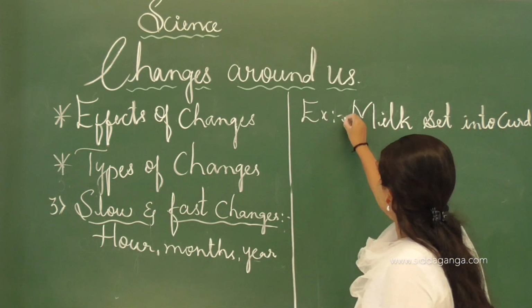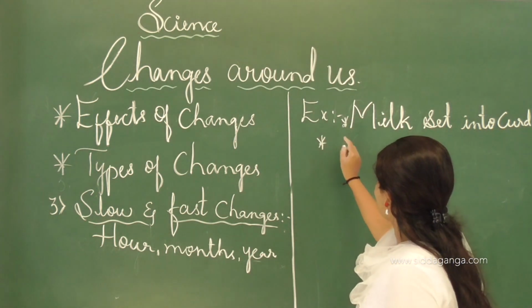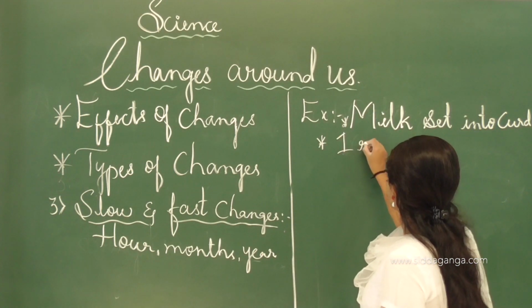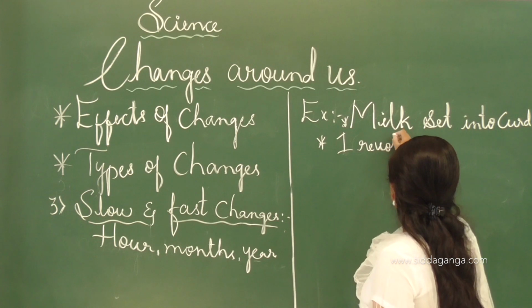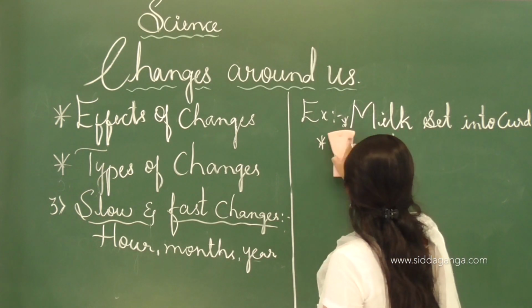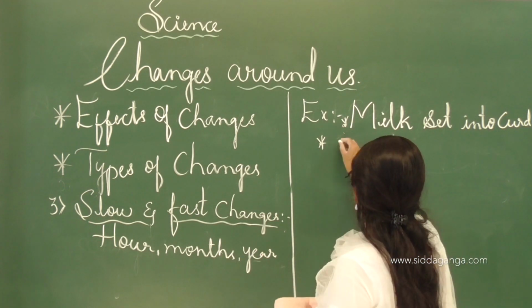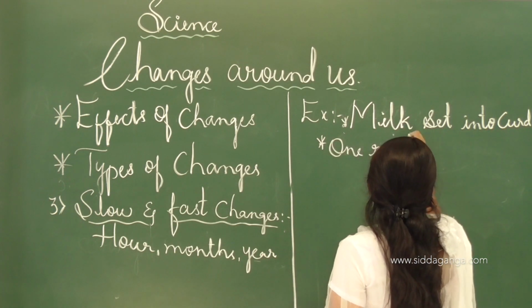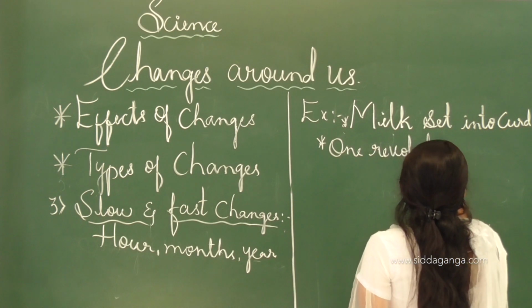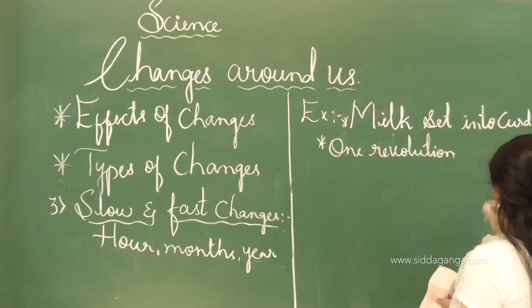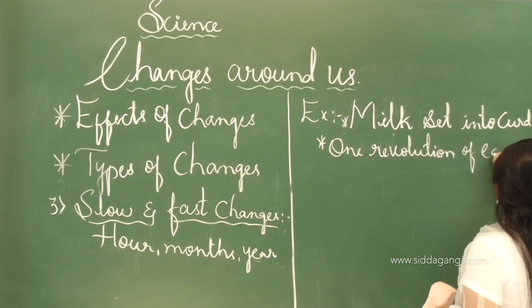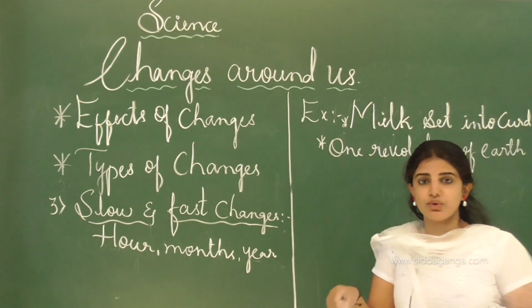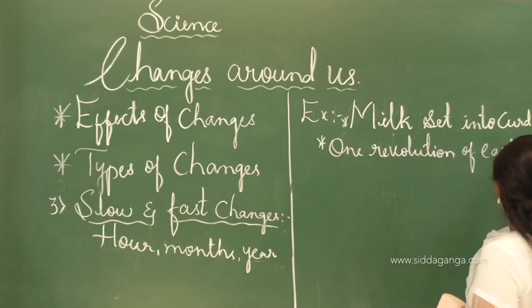And the next one is one revolution of the earth around the sun, it takes 1 year.